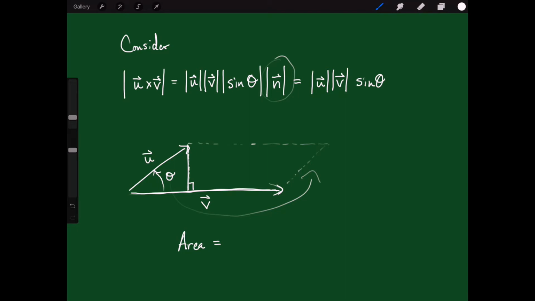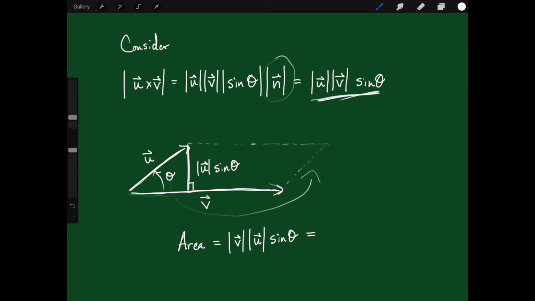Okay, so the length of vector v is the magnitude of v. And then the height of this parallelogram is going to be the magnitude of vector u, which is right here, times sine of theta. So the height is magnitude u times sine of theta. But that's exactly what I have up here.